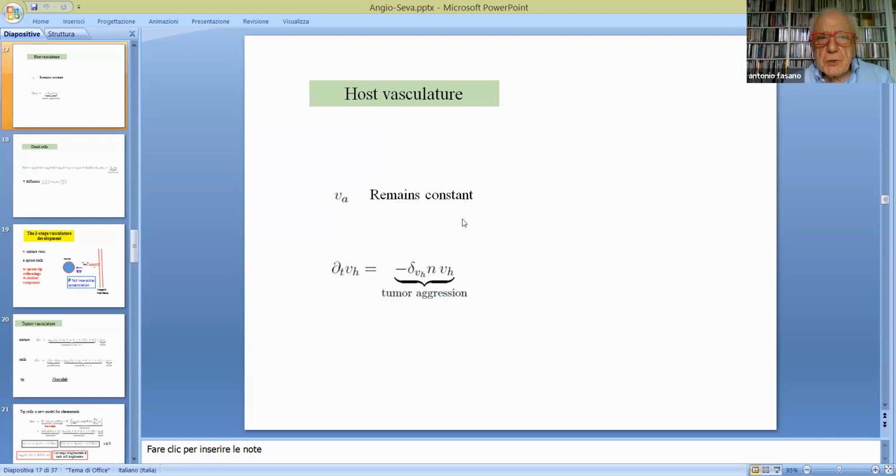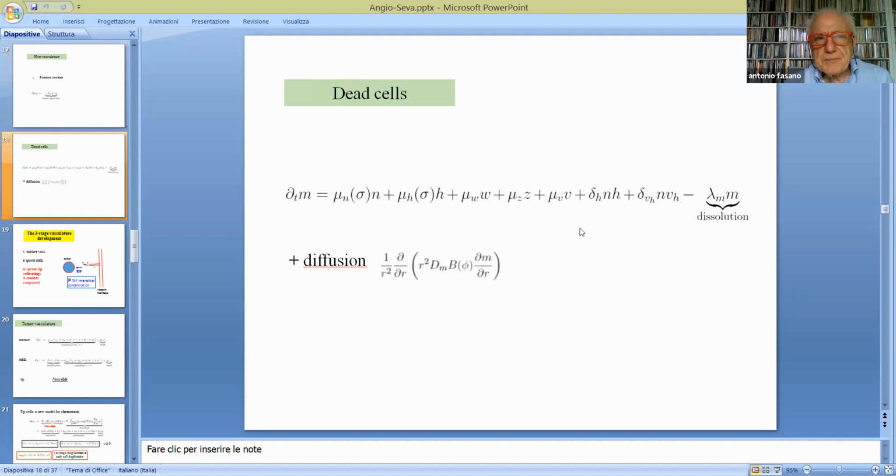The host vasculature, well, the venules may be destroyed themselves by the acidic environment created by the tumor cells, while the arterioles are more resistant. So the concentration of arterioles is supposed to be constant.